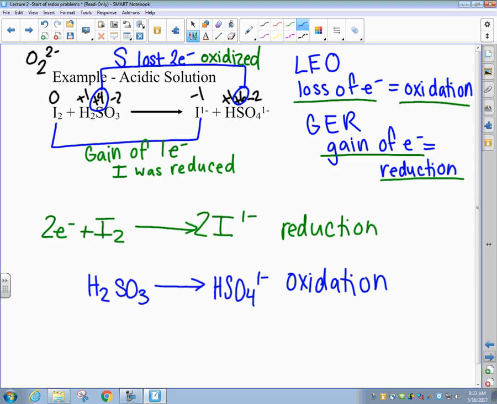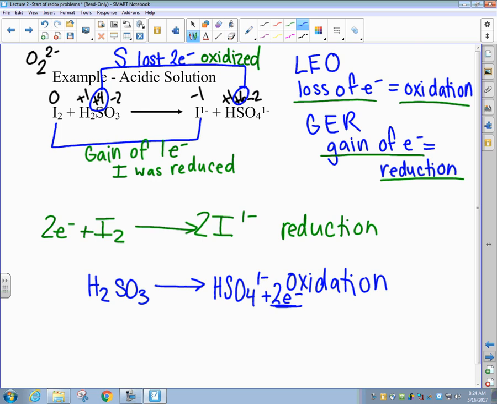In an oxidation half reaction, we know that electrons are lost. Sulfur lost 2 electrons to become oxidized. So the 2 electrons that are lost show up on the product side. So I have to write in my electrons here. After doing that, I need to check and make sure that atoms are balanced and charge is balanced.